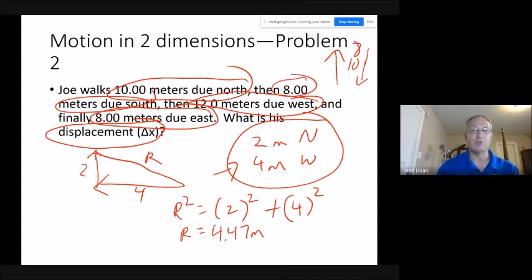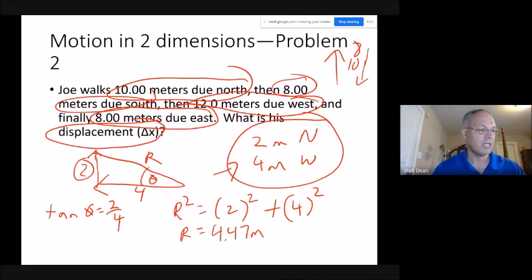It requires a direction. And remember, the direction we want is that angle between our resultant and the horizontal. That angle right there, we're going to call it theta. And to find that angle, let's use tangent. So tangent of our theta is equal to the opposite side, which is 2, over the adjacent side, which is 4. So we're going to go 2 divided by 4.